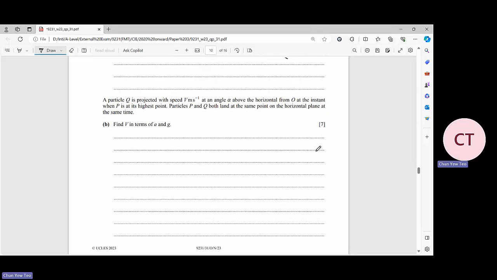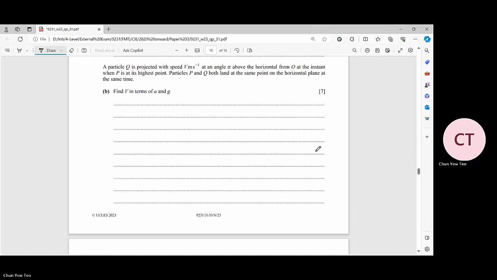Now, we move on. A particle Q is projected with a speed v at an angle alpha above the horizontal from O. At the instant when P is at the highest point, the particles P and Q both land at the same point on the horizontal plane.